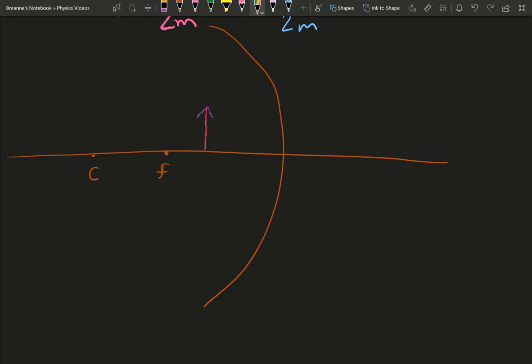We're just going to use an arrow. So the first thing you're going to do is draw a straight line to your mirror. Then you're going to draw a diagonal line that crosses the focal point, pretty darn close, and remember, don't forget your sight lines.